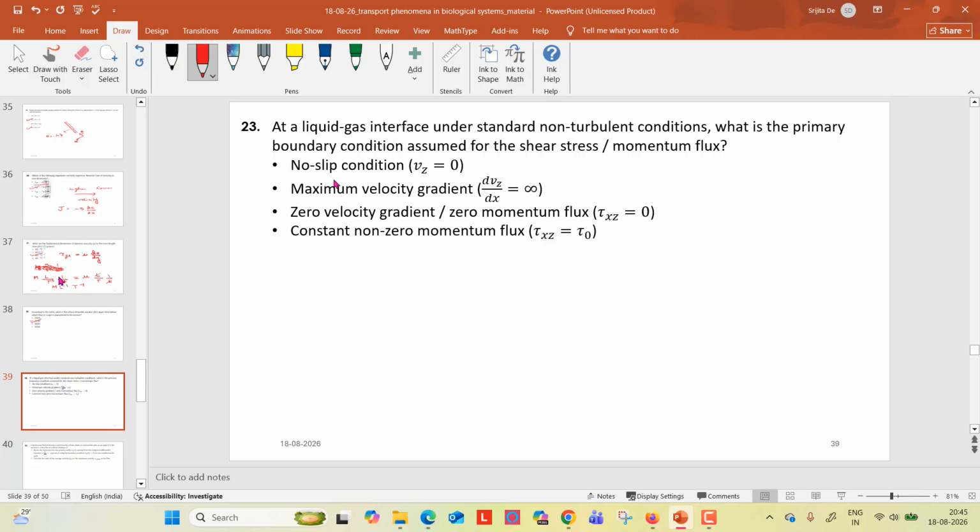At a liquid-gas interface under standard non-turbulent condition, what is the primary boundary condition assumed for the shear stress or momentum flux?